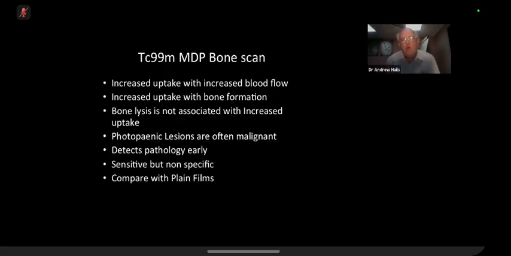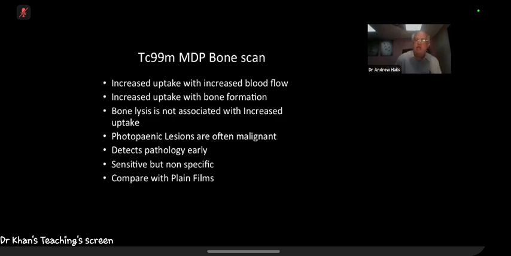So, what does the bone scan show? Well, basically, it's not a simple story. Increased uptake goes with increased blood flow. So if you've got vascularity, as in cellulitis, for example, you'll get increased uptake. Also, it occurs with bone formation rather than bone destruction.